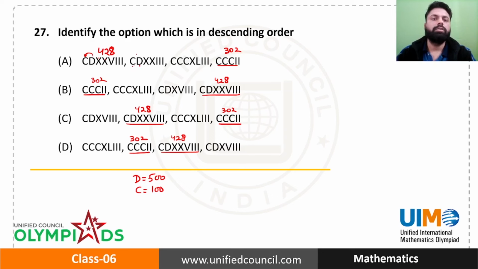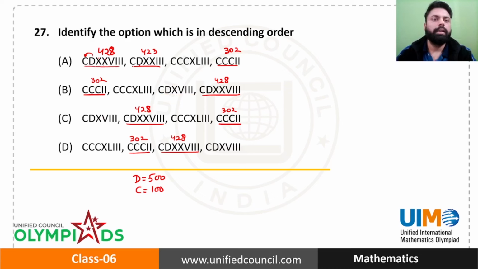DC, so this is 400, then 23, 423. Not this one. Okay, so the values are different.